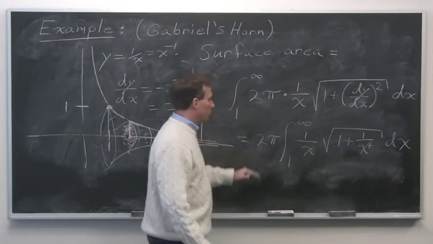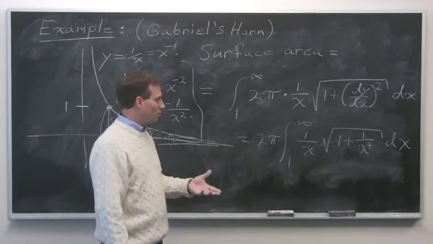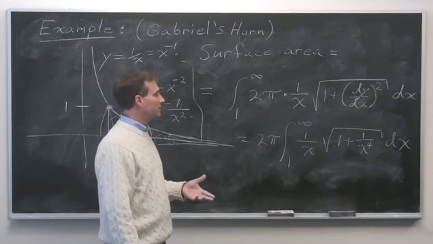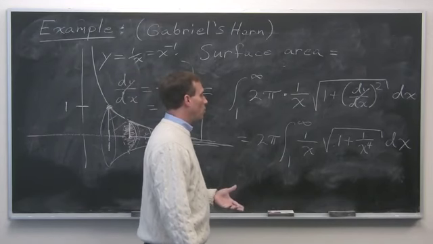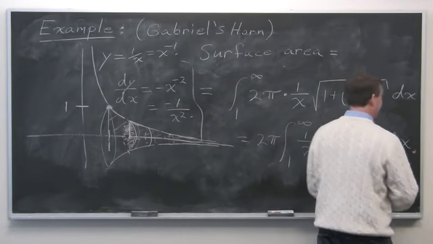And this is the integral that we'd like to calculate. But as I said, what we're really going to see is that it's infinite. So why is that? Okay, let's see.